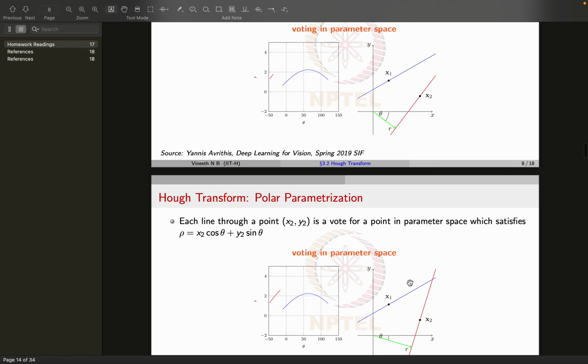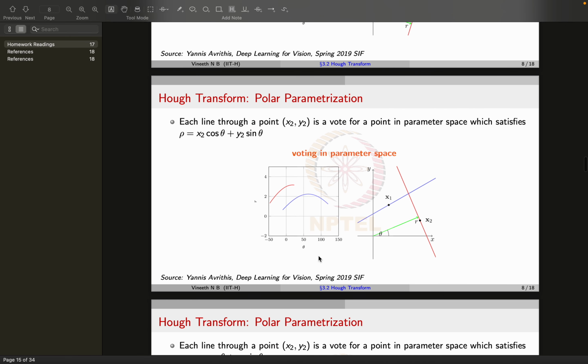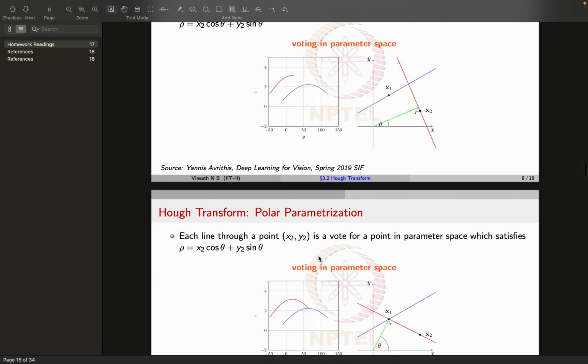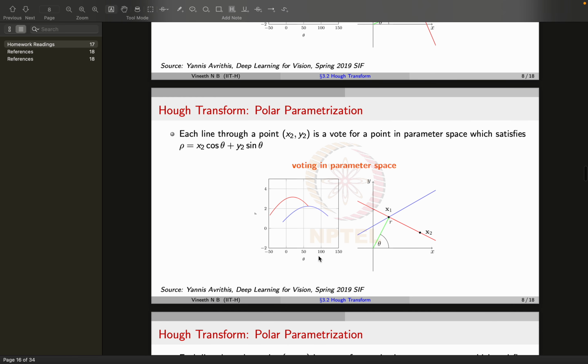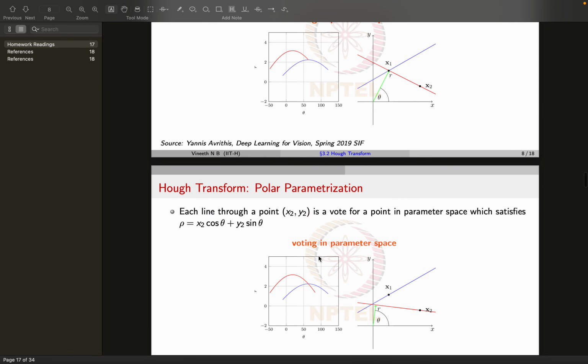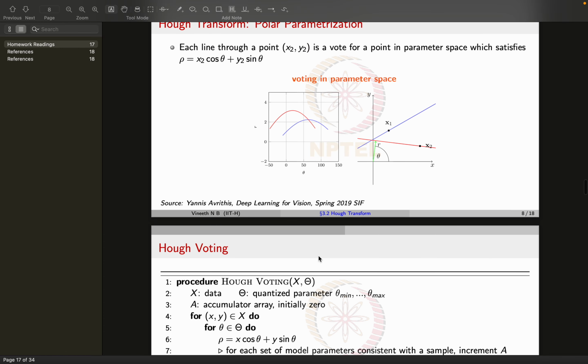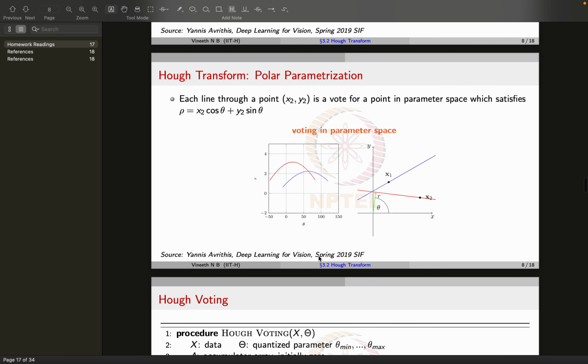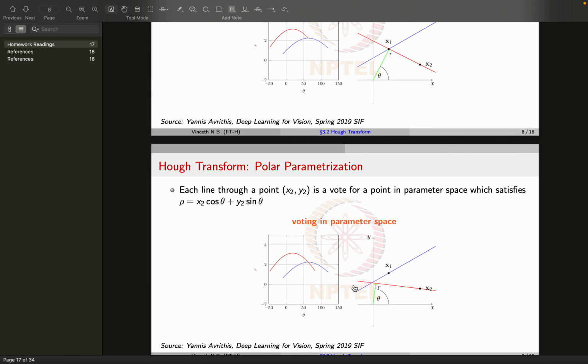Similarly I can pick another point, and for that also I keep plotting the corresponding parameters in the parameter space. If I want to find the parameters of the line that passes through x1 and x2, it will be the intersection of these curves in the parameter space.